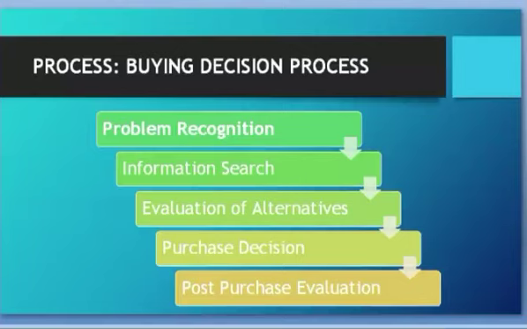The second step in the buying decision process is information search. An aroused customer is inclined to search for more information. Conceptually, there are 2 levels of arousal that are noticed by marketers in consumers. The first is heightened attention.